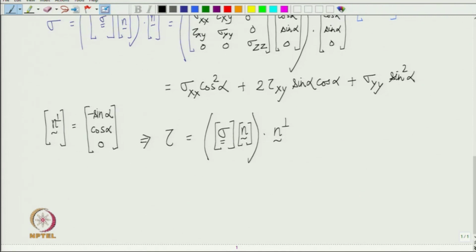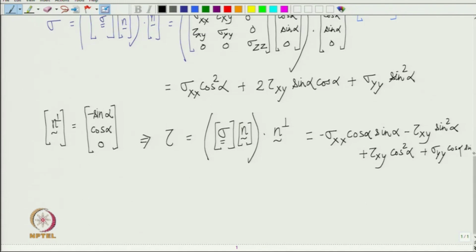And you put your values for n perpendicular, for n and for sigma, and finally, you will get this equal to minus sigma xx cos alpha sin alpha minus tau xy sin square alpha plus tau xy cos square alpha plus sigma yy cos alpha sin alpha.